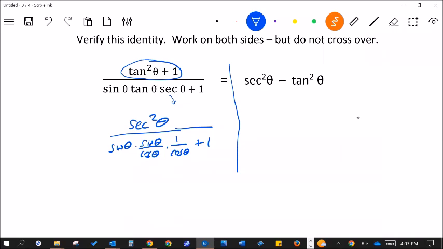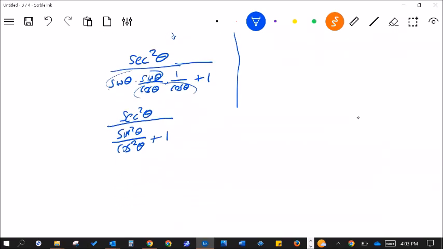What I now see is I have secant squared theta, and here I have a sine squared theta. Underneath it, a cosine squared theta. That's these two and these two, plus 1. Well, plus 1, a 1 is weird. It doesn't fit.